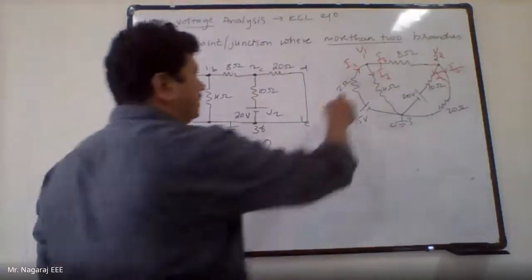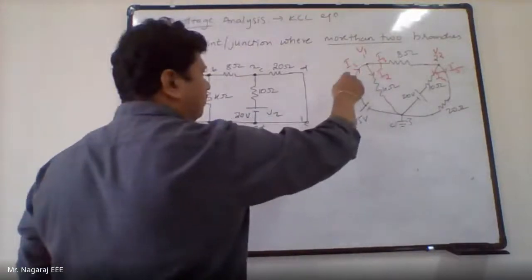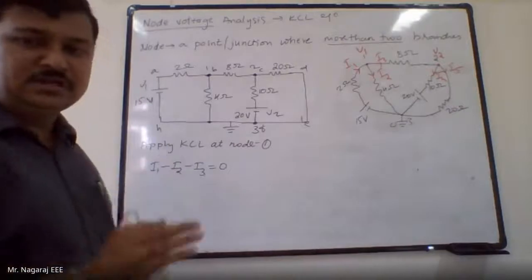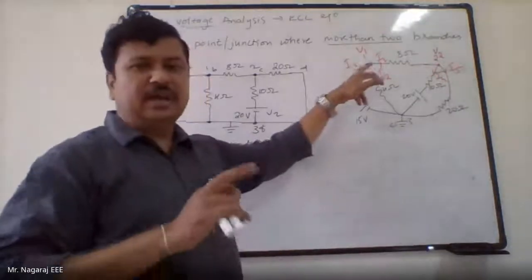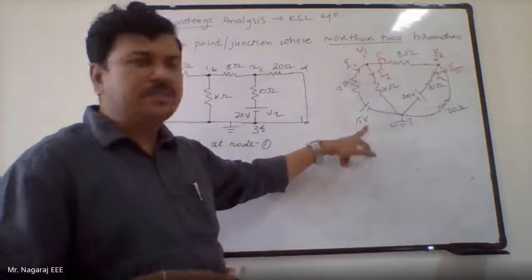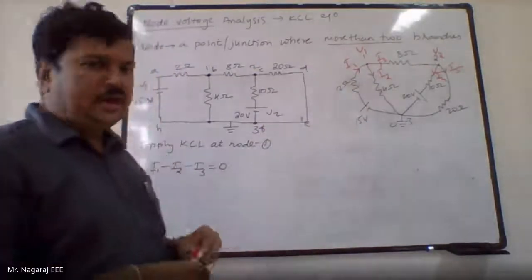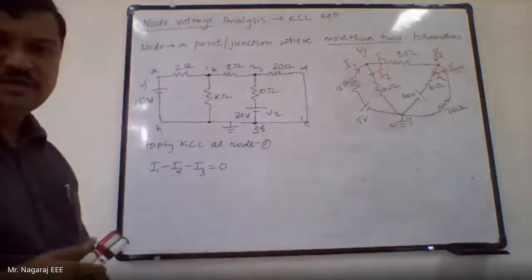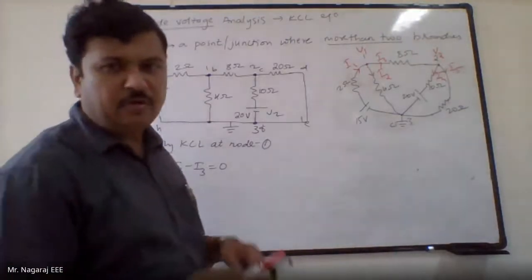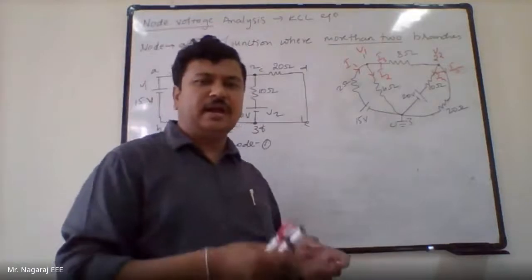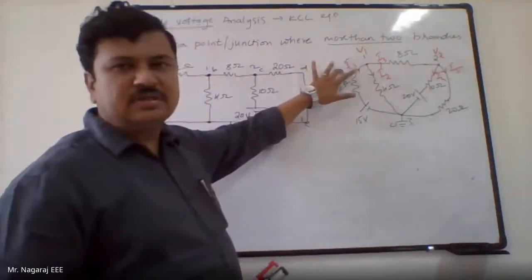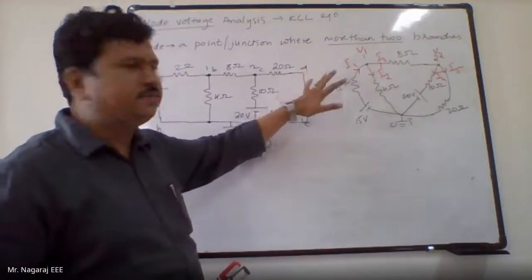If I take the direction of current I1 reverse, from V1 to 15 volts, then V1 is assumed to be at potential larger than 15 volts, and 15 volts is lesser than the potential of V1. Now I have taken this direction of current in that branch, so I follow that convention.